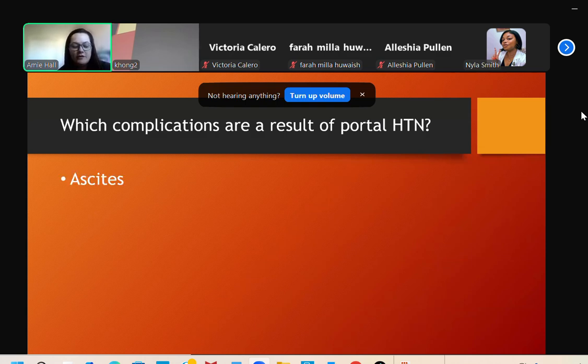We get that vasodilation in the GI cavity that increases the fluid in the cavity. We also get the neurohormonal activation of the RAS, the renin-angiotensin-aldosterone system, which leads to salt and water retention. And so we get ascites from the portal hypertension.